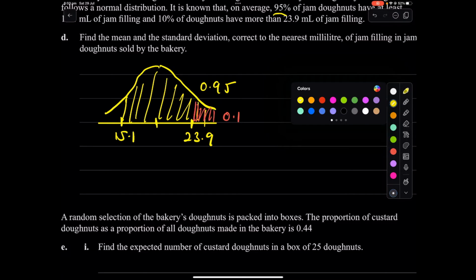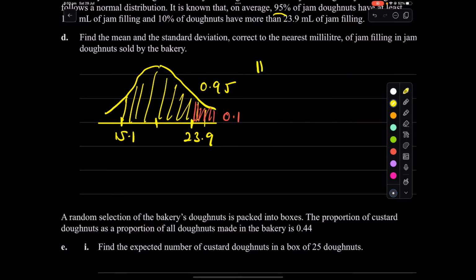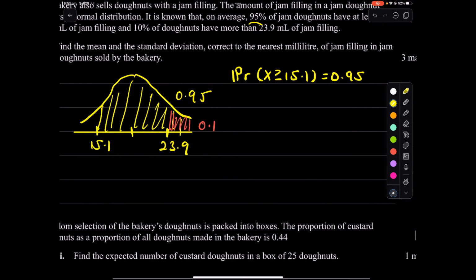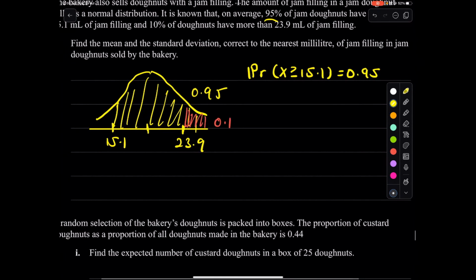So we're saying that the probability X is greater or equal to 15.1 is 0.95. If we change that up, the probability X is less or equal to 15.1 will be 0.05.